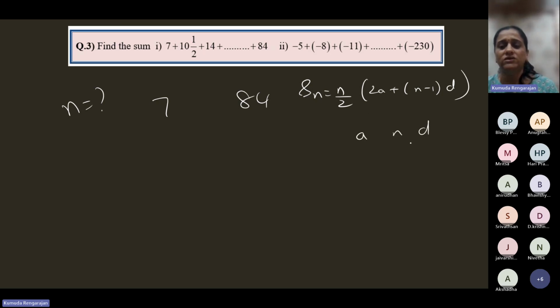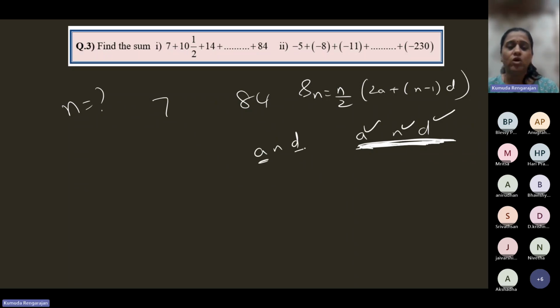You can remember this using the word 'and', which is a conjunction. You need the values of a, n, and d. To answer any question, you need to substitute the values for a, n, and d, where a is the first term, d is the common difference, and n is the number of terms.